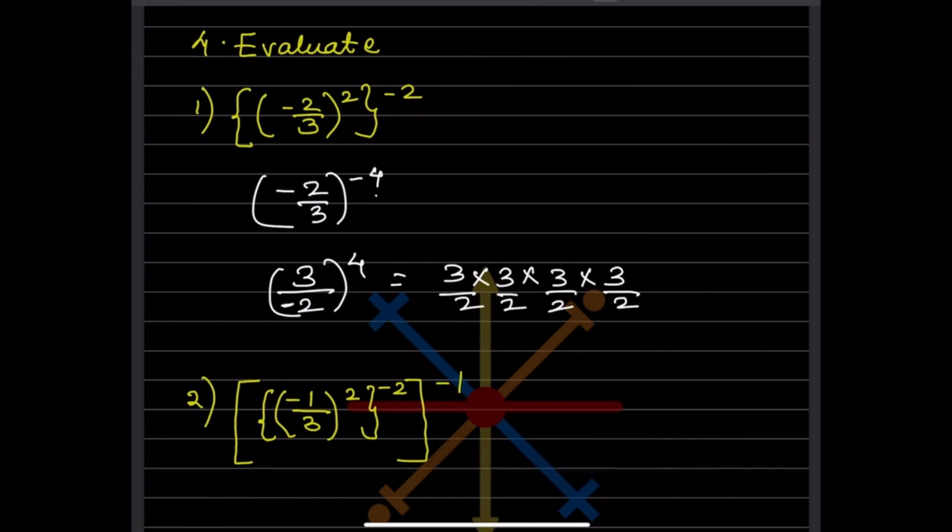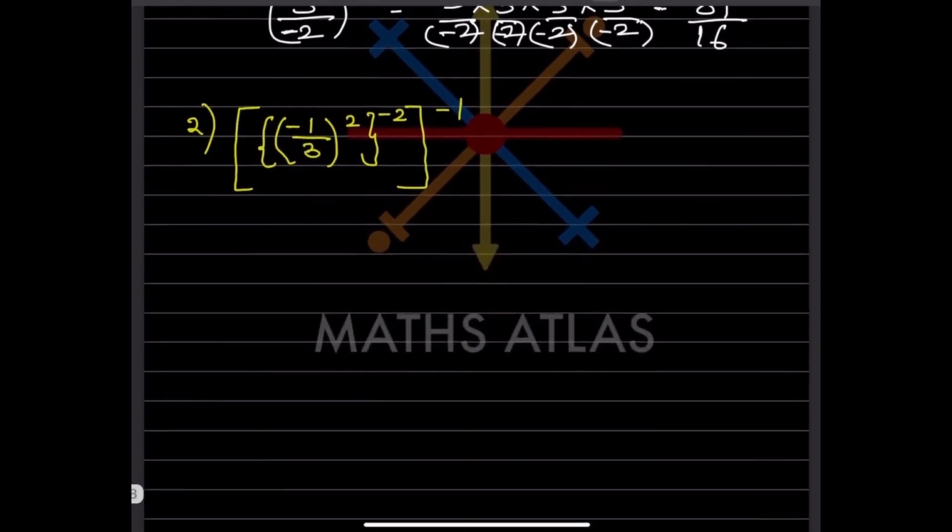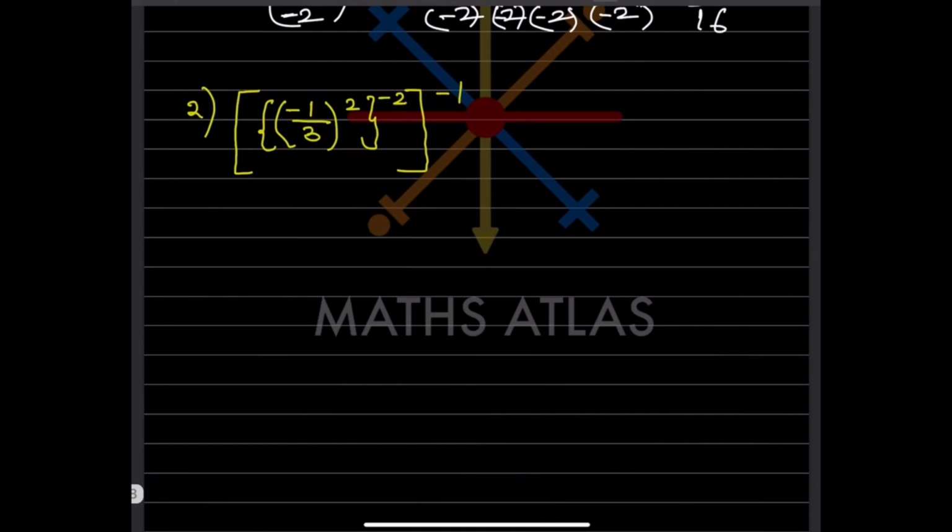But this is going to be minus 2, sorry, this will be minus 2. Okay, so the answer is going to be 3 3s are 9, 9 3s are 27, 27 3s are 81 divided by 16, because we have 4 negative signs, so that is going to be positive, so that is going to be 16.